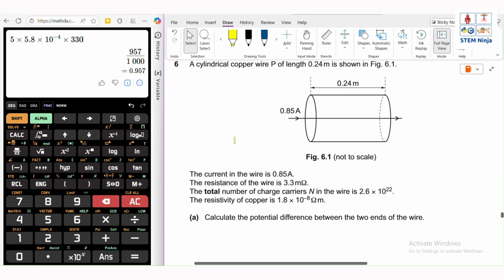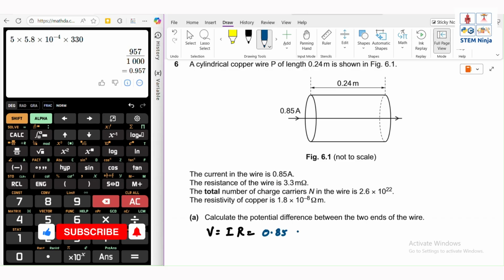Okay, so for potential difference, we need I times R. So current that is flowing is 0.85, and for resistance we need resistivity times L over A. So resistivity is given as 1.8 × 10^-8.